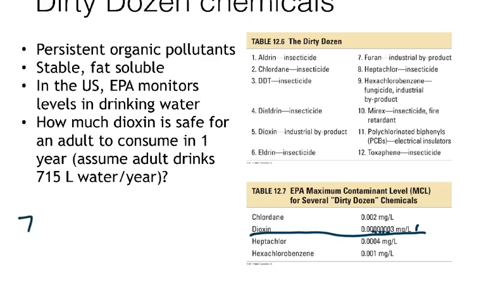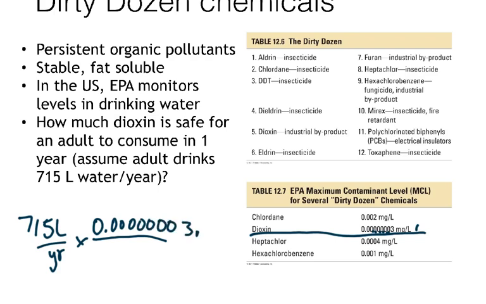So if we have 715 liters per year times 0.12345673 milligrams per liter, we can get our answer of 2.145 times 10 to the negative fifth milligrams.